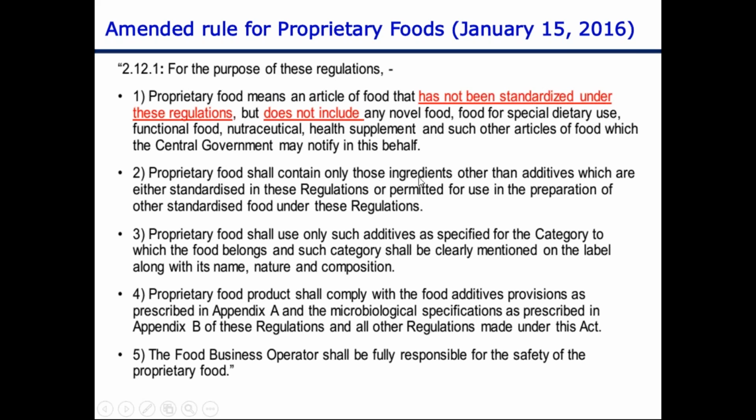It should contain only those ingredients other than additives which are either standardized or permitted. Proprietary food shall use only such additives as specified for the category. Proprietary food products shall comply with the food additive provisions as in Appendix A and microbiology in B.